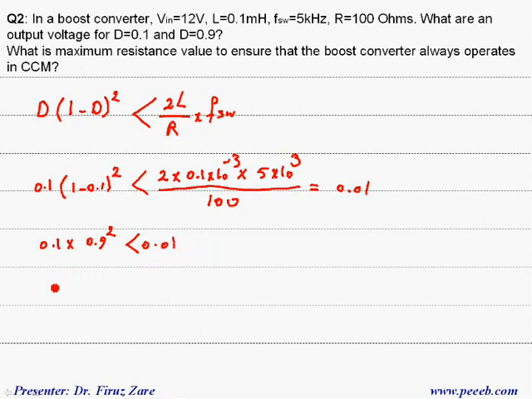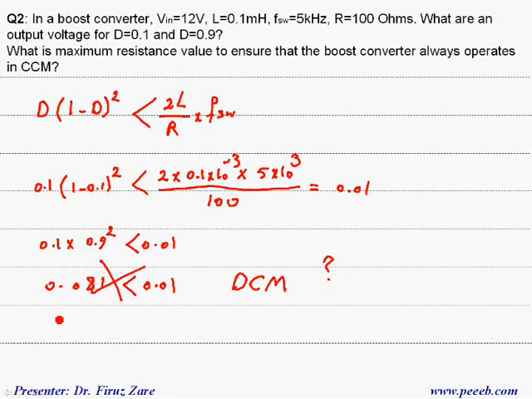Here we can see that 0.081 should be less than 0.01, which is not correct. So that means the system is operating in discontinuous conduction mode. Now we need to find the conversion ratio. But what about the other one? The other one means the second duty cycle.